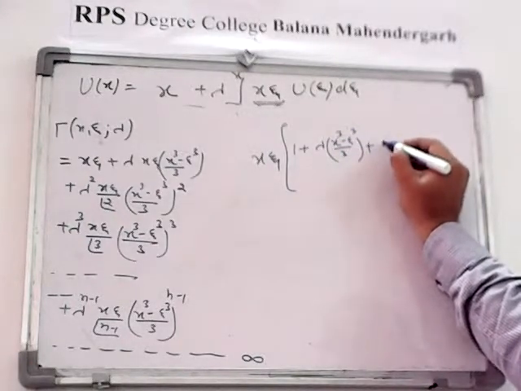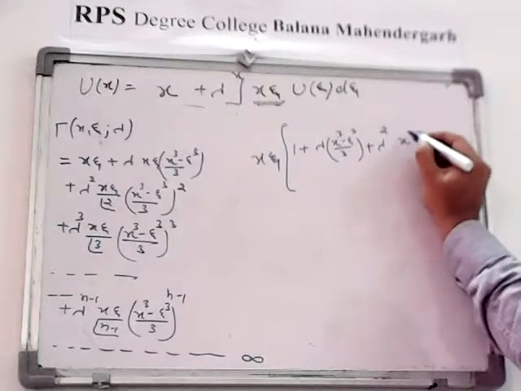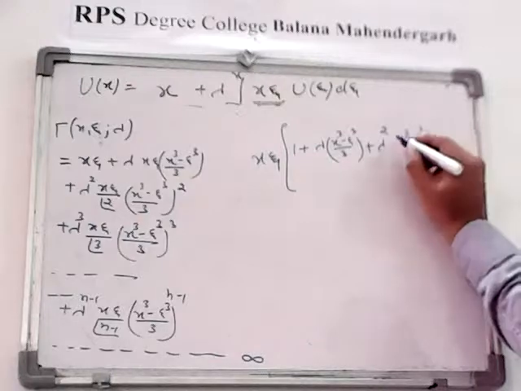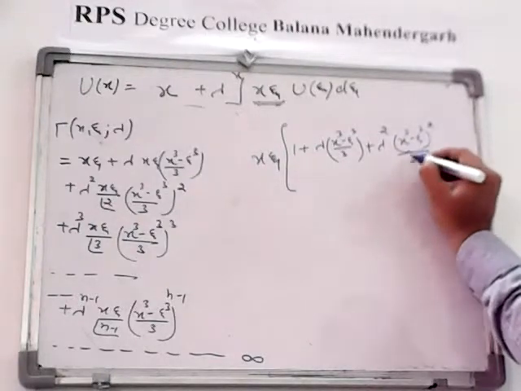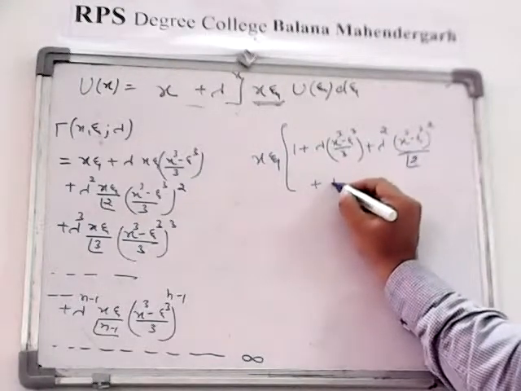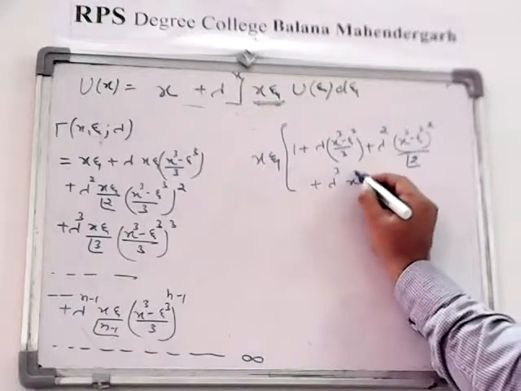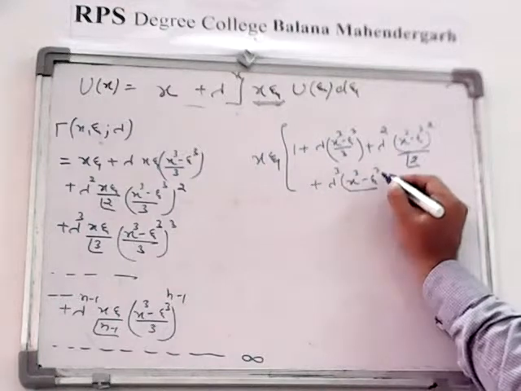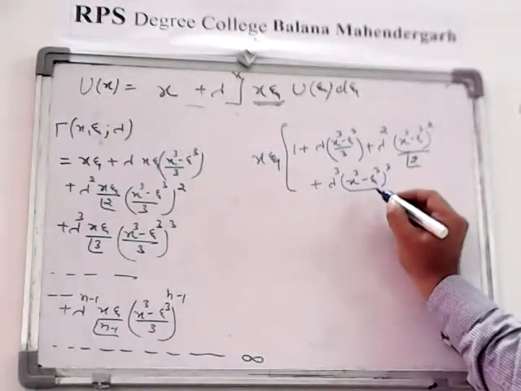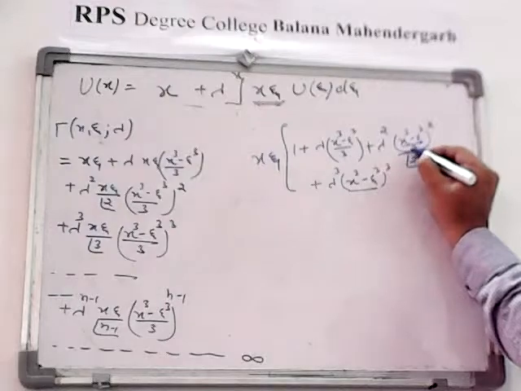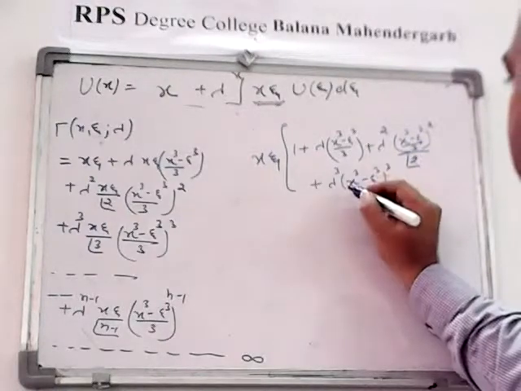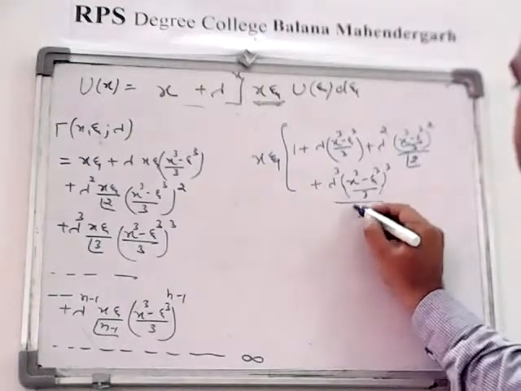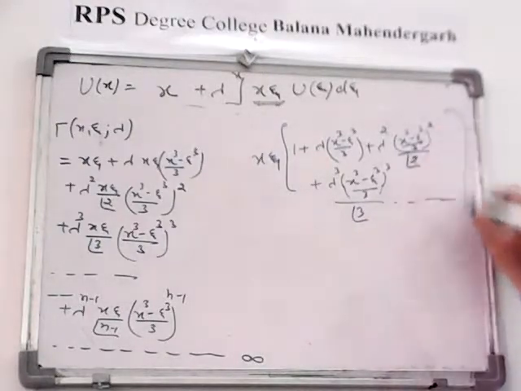Then lambda square (x cube minus xi cube) whole square divided by 2 factorial. Then lambda cube (x cube minus xi cube) whole raised to power 3, here we have 3 at this position and 3 at this position, divided by 3 factorial, and so on up to infinity.